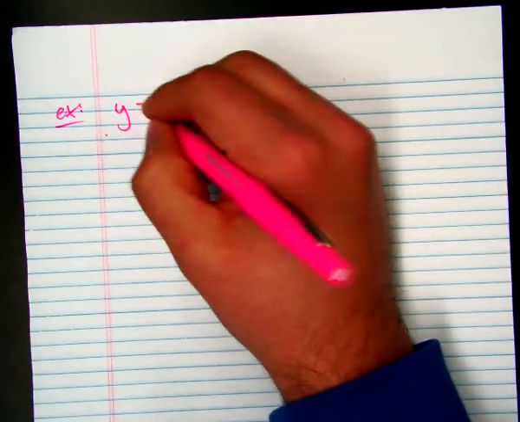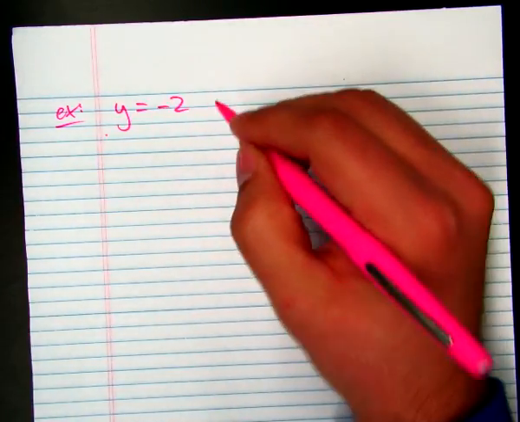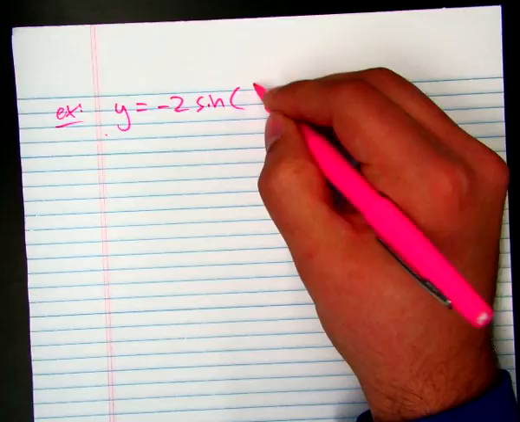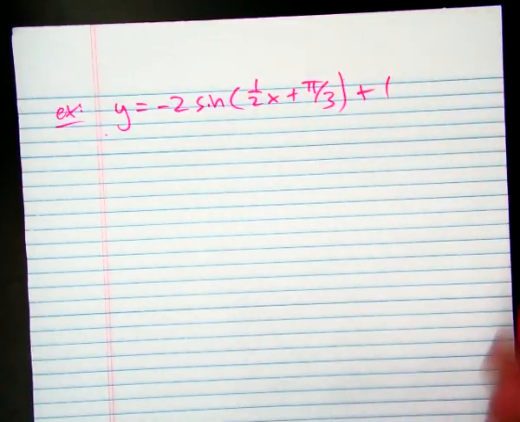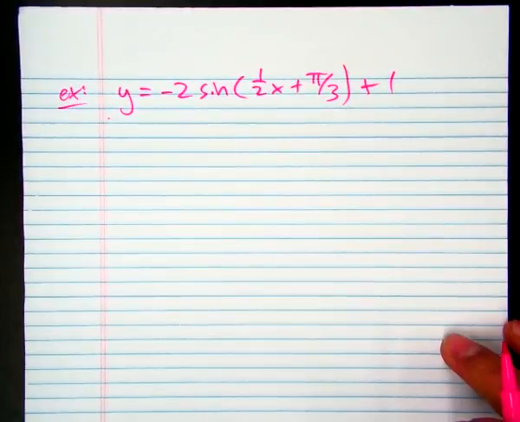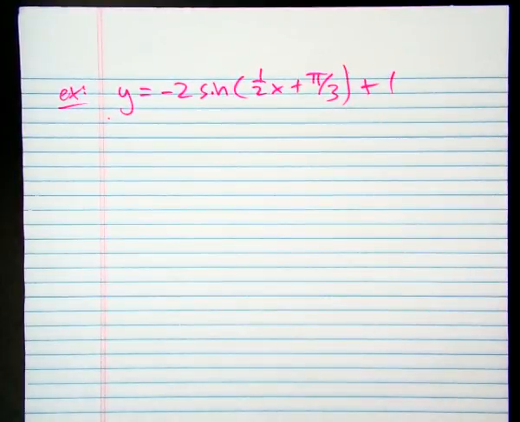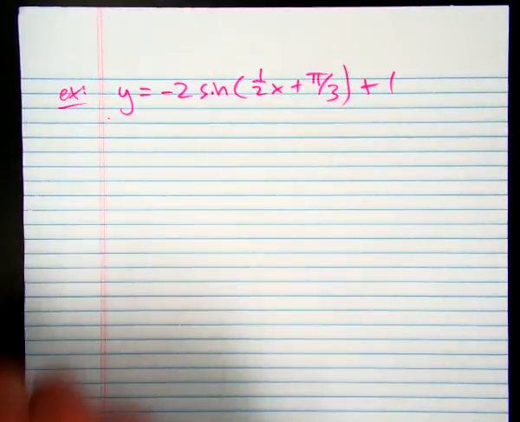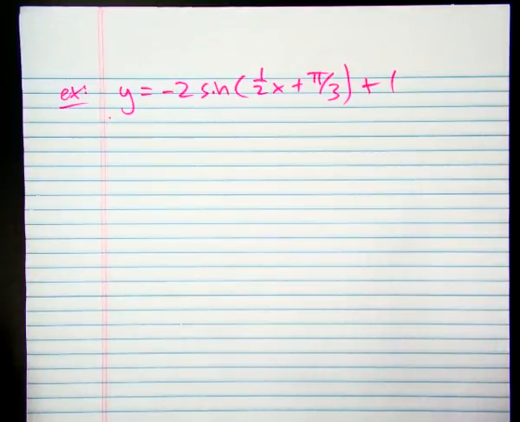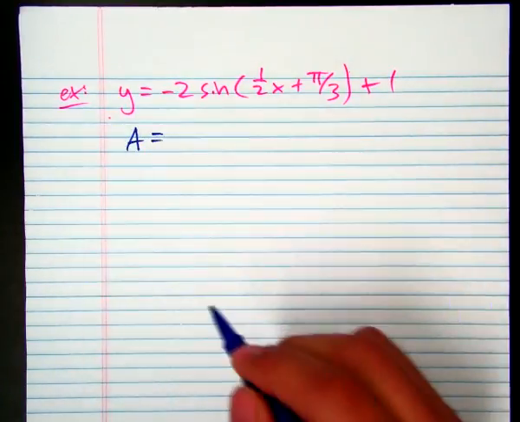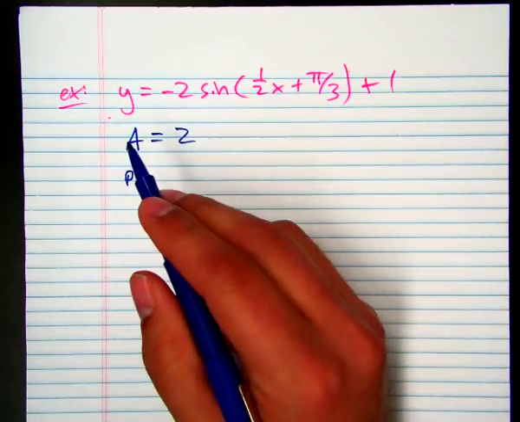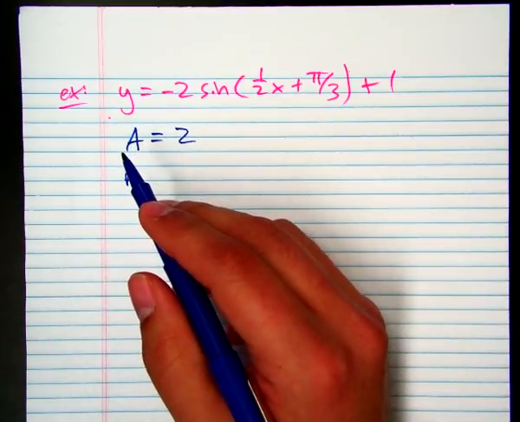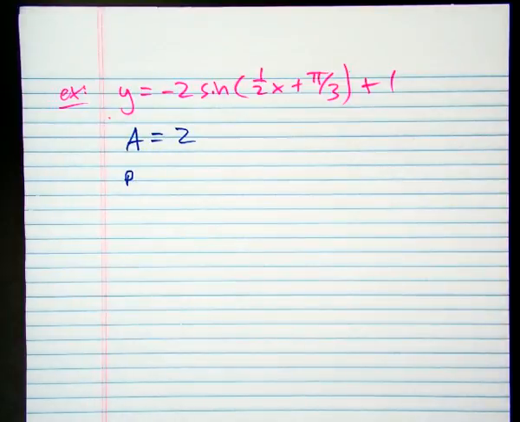I'll cut out 2 of the problems, but we'll do this one together. Let's just make it as hard as we're probably going to see. But just go through the details and we'll be fine. What's our amplitude? The negative just flips it, right? So it's still going to be a 2 amplitude, though.